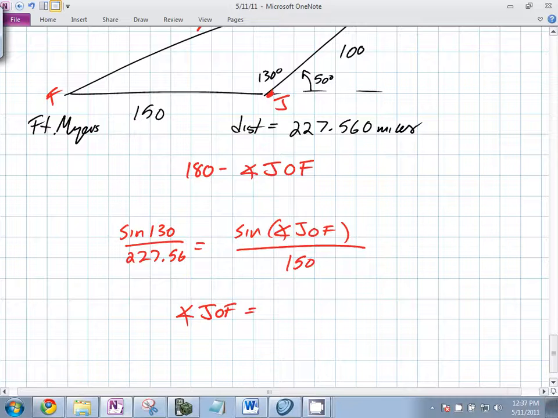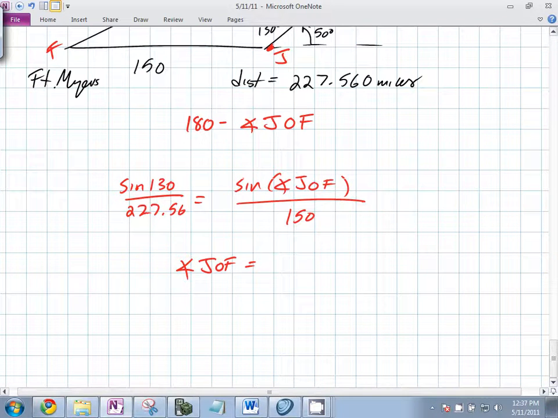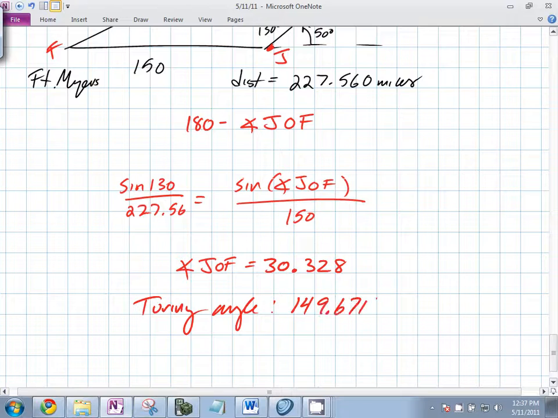What is it? Who agrees with that? So therefore, what's our turning angle going to be? Does that make sense, everybody? Once you use the law of cosines, you will automatically be able to use the law of sines because you have found the opposite distance to an angle. Yay!